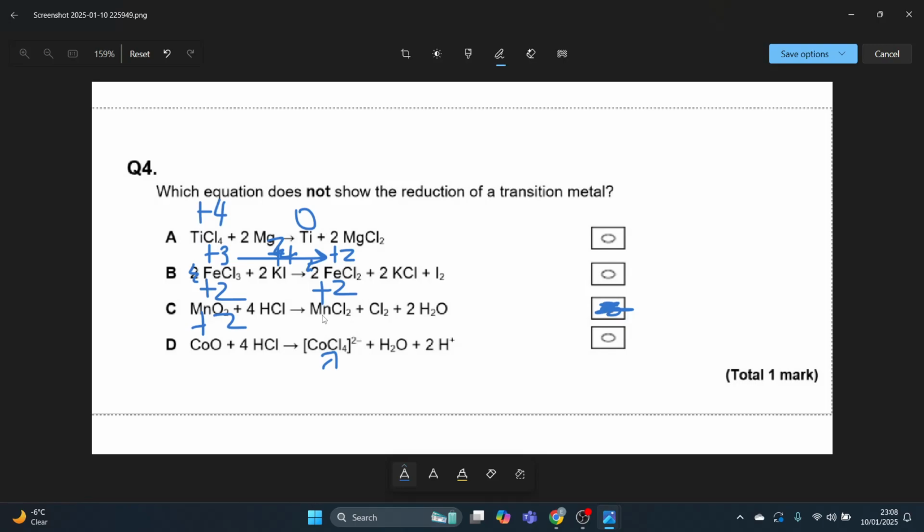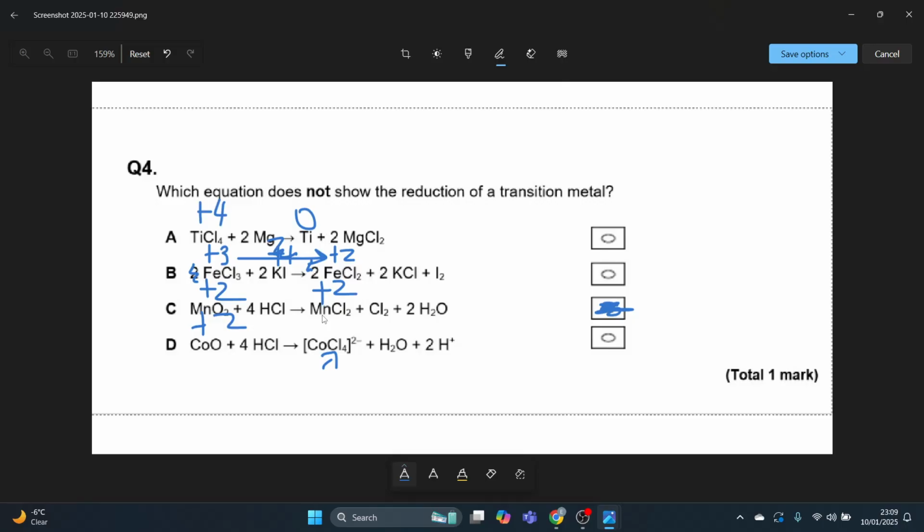Is Mn a transition metal, or is C a transition metal? MnO2 plus 4HCl gives MnCl2 plus Cl2 plus 2H2O.